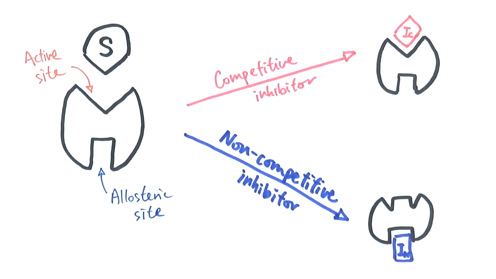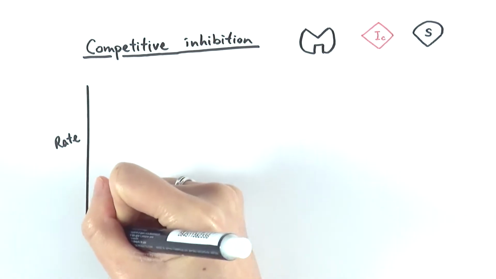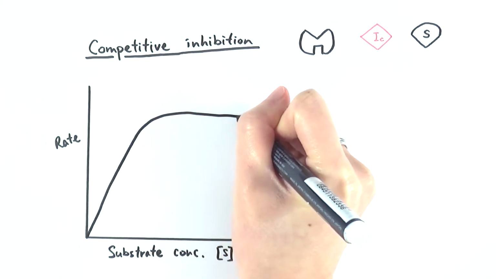What we'll do now is have a look at how the graphs would change if we look at the substrate concentration and the rate of enzyme action with or without these different types of inhibitors. Here we've got the axes: the x-axis has substrate concentration, and on the y-axis we have the rate of enzyme action. Where we don't have an inhibitor, the graph would look something like this.